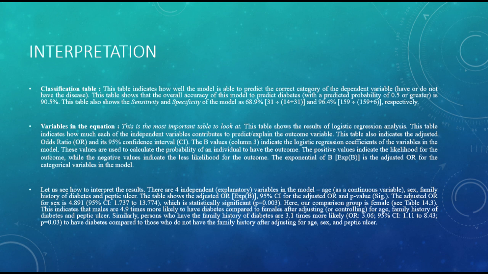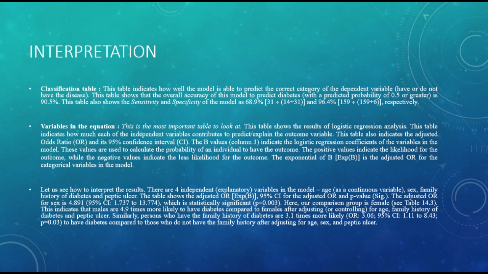Here, our comparison group is female. See Table 14.3. This indicates that males are 4.9 times more likely to have diabetes compared to females after adjusting or controlling for age, family history of diabetes, and peptic ulcer.